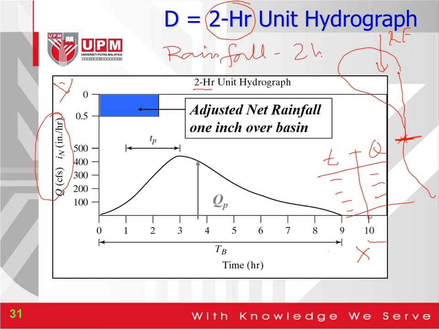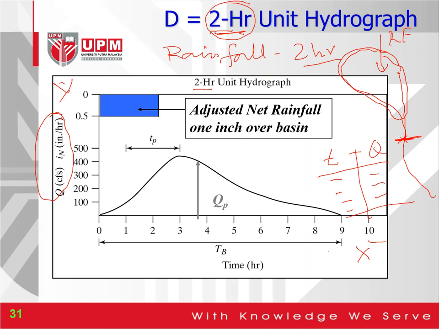Be very careful: when you say 2 hours, this is the rainfall duration, but these 2 hours and the x-axis time are not the same. The time axis can be any interval, plotted by 5 minutes or 10 minutes. Rain occurs in this watershed for 2 hours. This is called 2-hour.